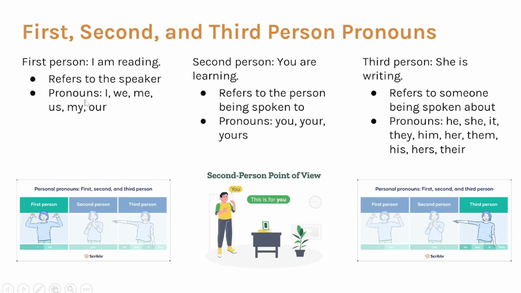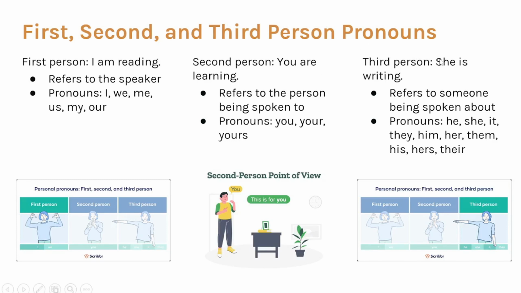So if you look at these examples, first person refers to the speaker. Pronouns we use in the first person are I, we, me, us, my, our. As you can see, we have singular and plural. And the second person, for example when you say, you are learning, the pronoun we use is always you. You is used in both singular and plural.